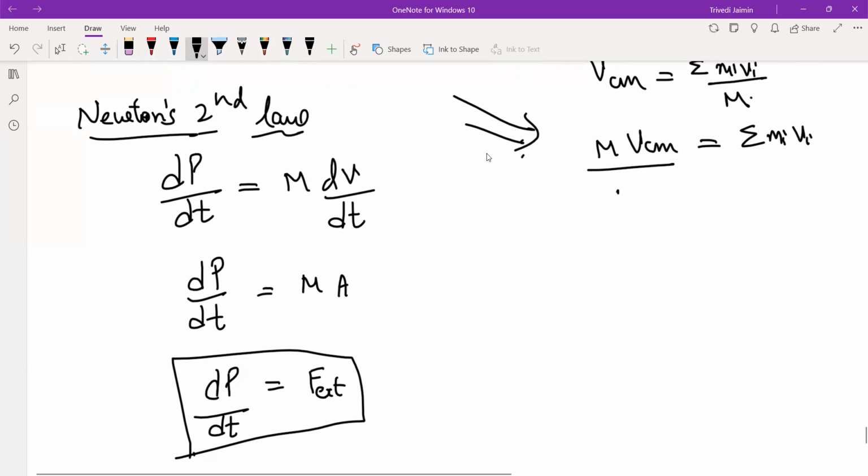Okay. So can someone tell me what is the law of conservation of momentum? Do you remember? Varun? So total momentum of two objects before and after collision is equal. Yes.